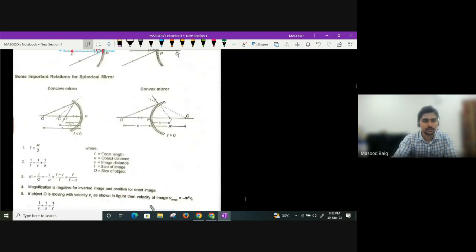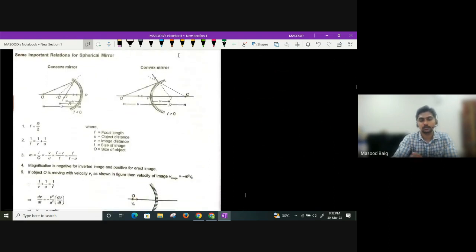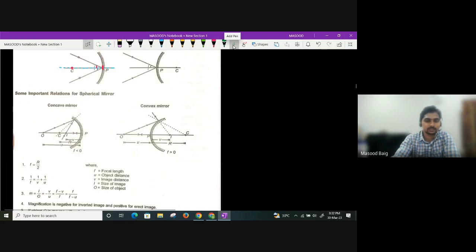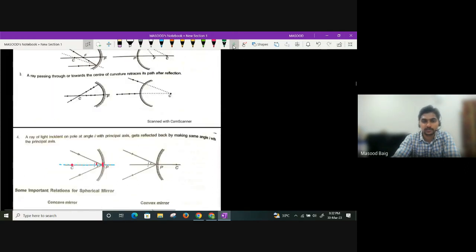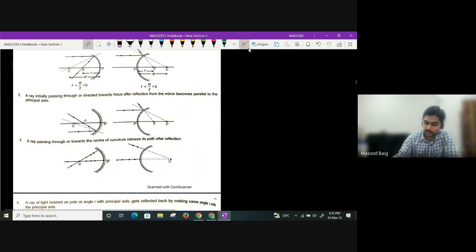Now, what is important is this, guys. So, important relations in the case of spherical mirrors, which will help you in solving the questions. In general, first thing, as I have said, when an incident ray is parallel to the principal axis, will it converge at a point? Yes, as you can see in this case.